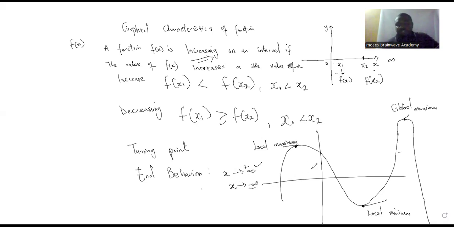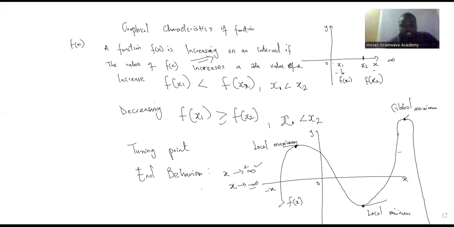If I consider this graph over here, where this is 0, this is the x-axis, this is the positive y-axis, this is the negative y-axis, and this is the x-axis in the negative direction. I can say as the value of x goes in the negative direction over here, the function is also going in the negative direction.